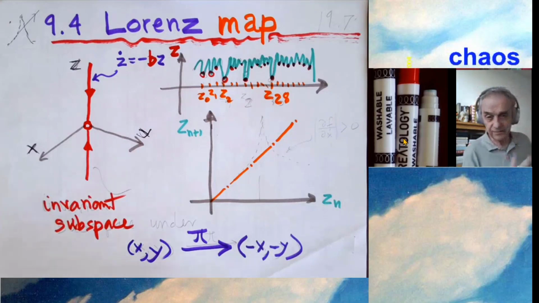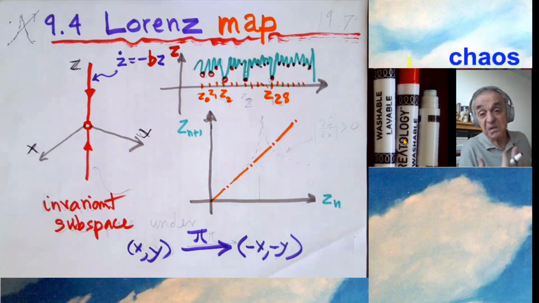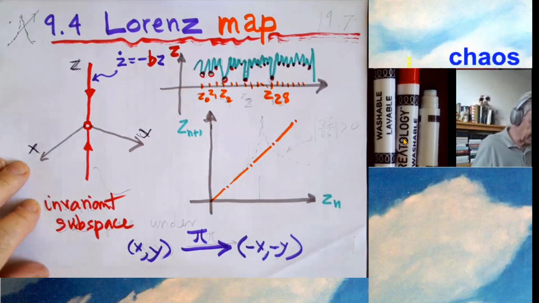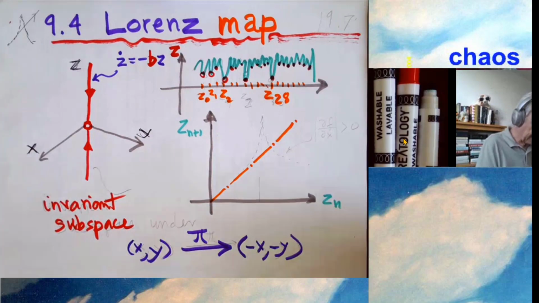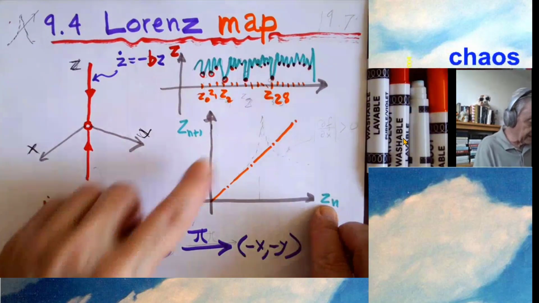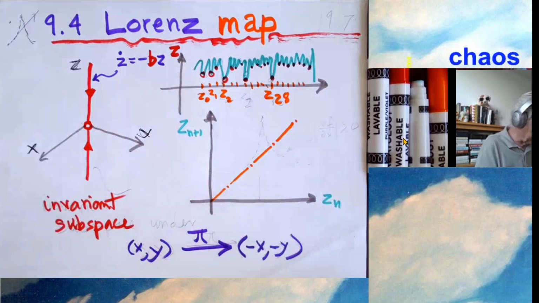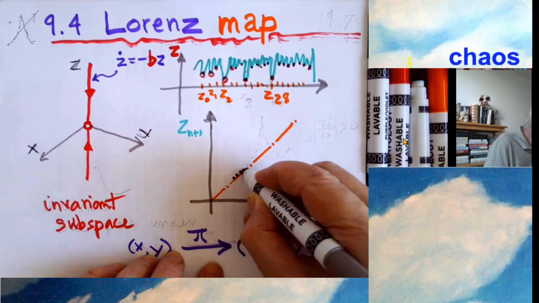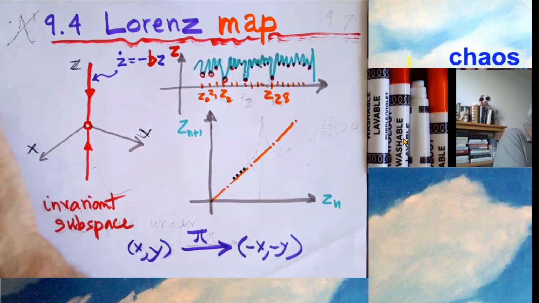It's a three-dimensional flow. So the Poincare section should be two-dimensional because it's one dimension less, but you ignore that fact. And you just start plotting what z is, successive values of z's, and you get something like this. If you start here, you find the next one is here, next one.